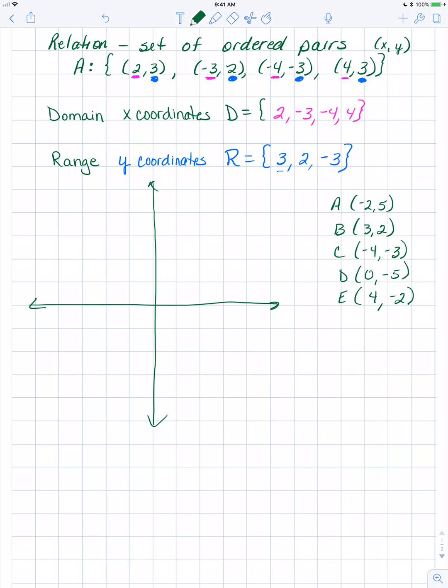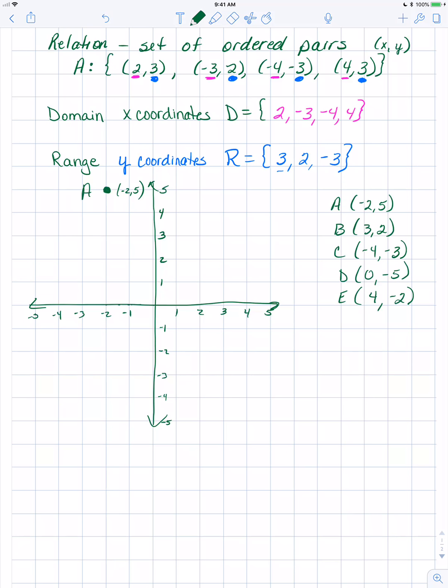Okay, so let's go label them all. Remember, each one of these we will say is one unit. All right, so point A is at -2, so that's -2 on the x-axis, and then up 5. So that should be our point A, -2, 5.